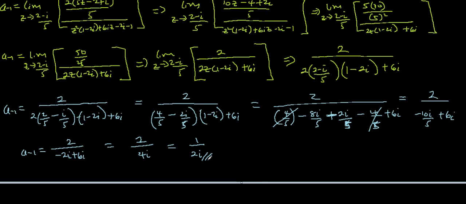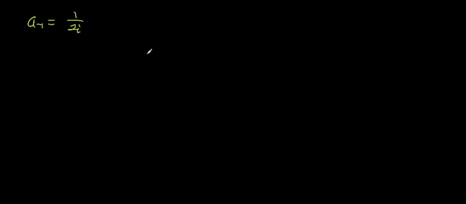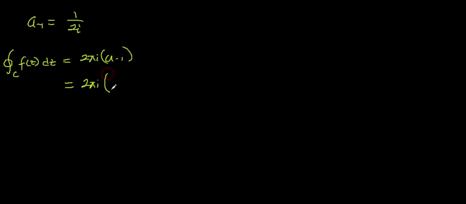So we are going to substitute this into the residue theorem formula, and we will complete our solution there. So applying the residue theorem formula, where we have integral of f of z dz to be equal to 2 pi i multiplying a residue, a minus 1 rather. Then we know this to be equal to 2 pi i now into 1 over 2i.